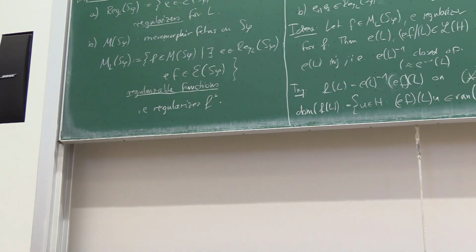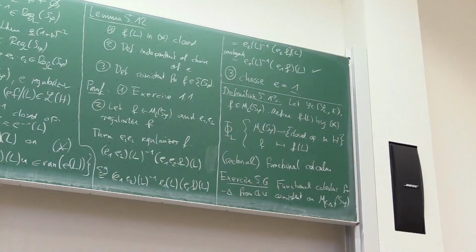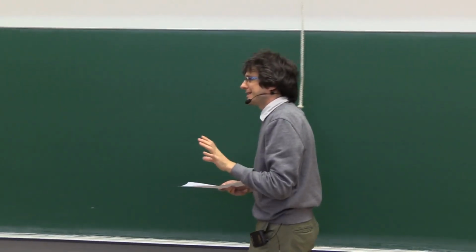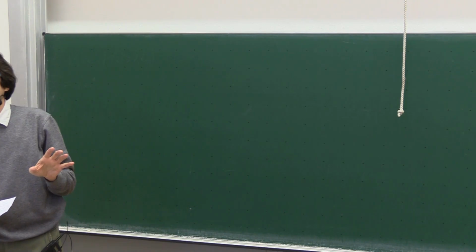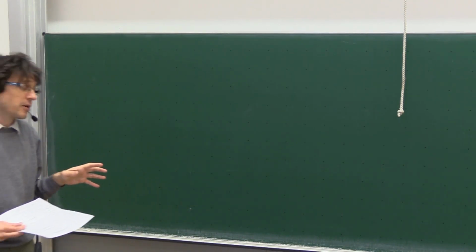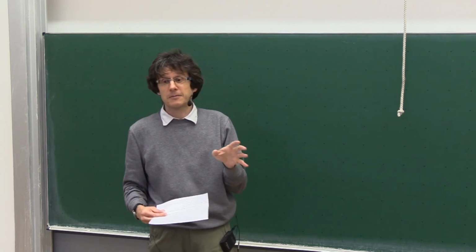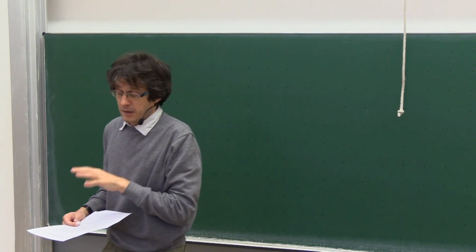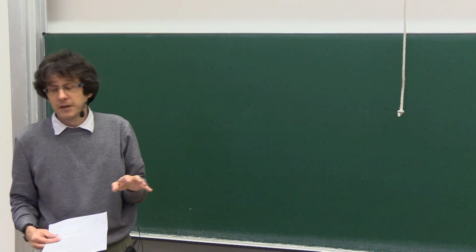But before we do this, I want to show that we somehow did the right extension, in the sense that as long as it is possible, we still have all the nice algebraic properties of the functional calculus. So the functional calculus was an algebra homomorphism, so it was linear, it was multiplicative.